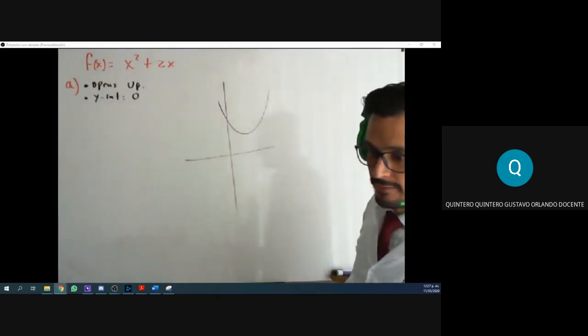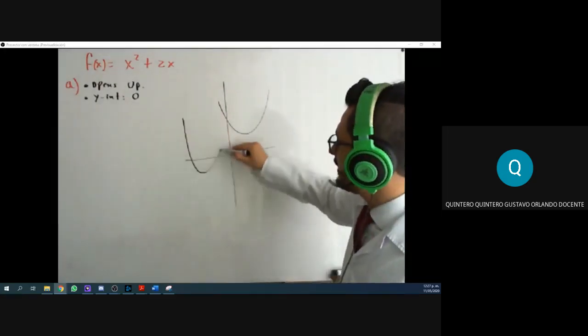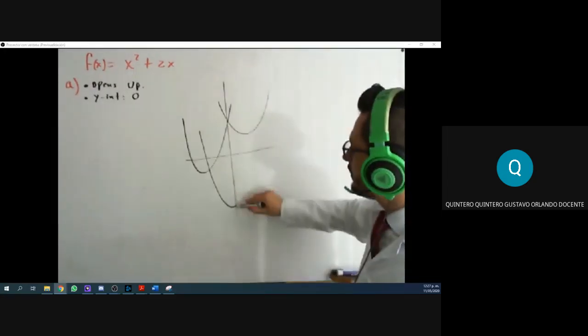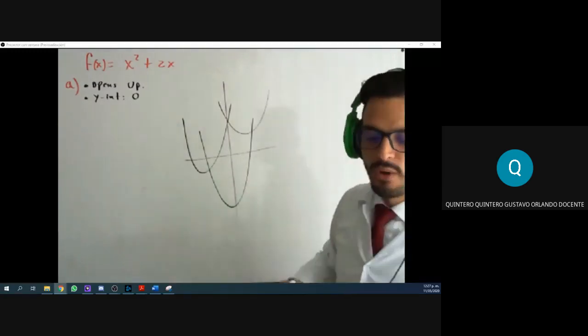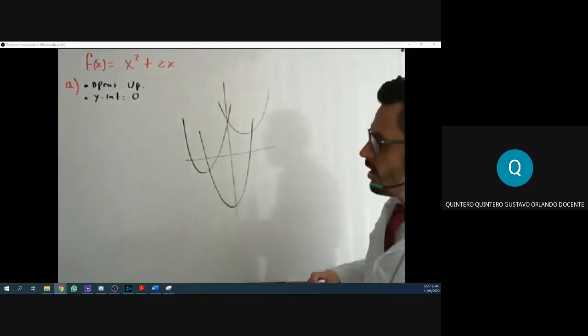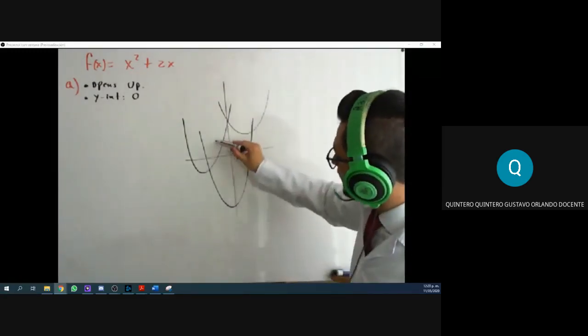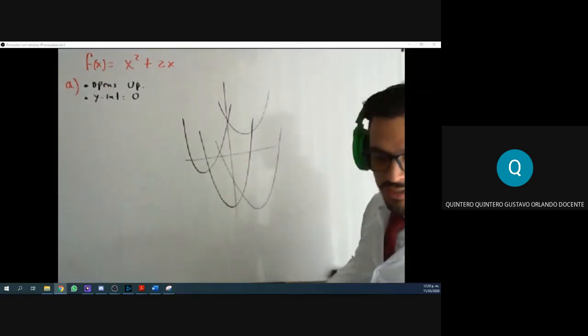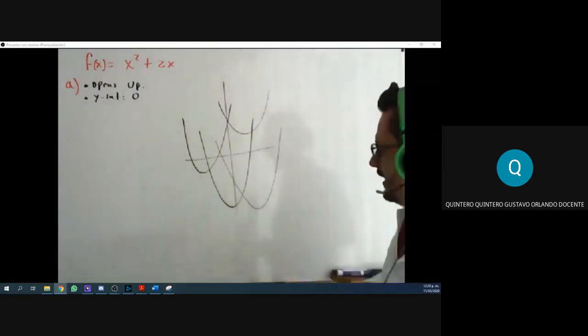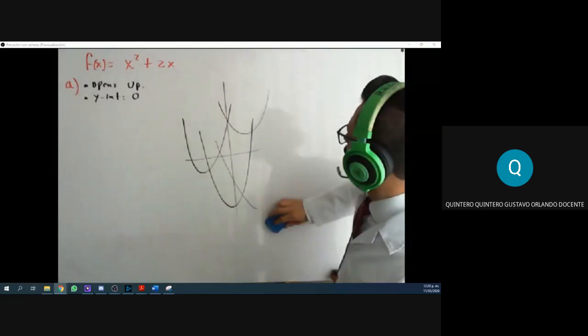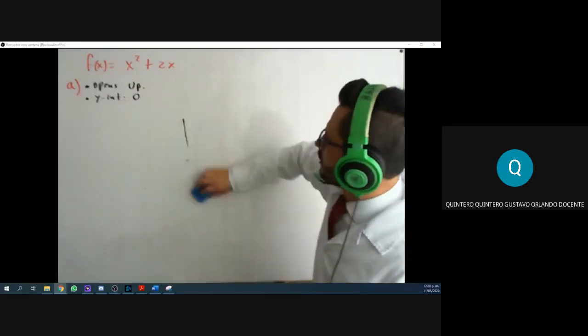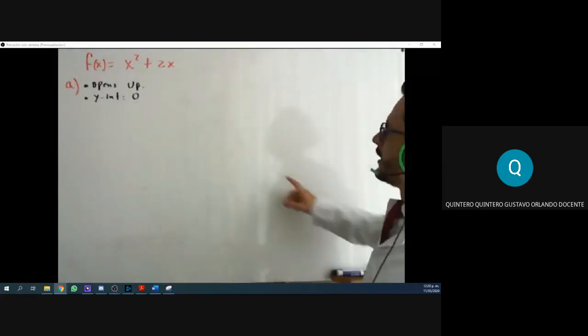These are bad possibilities, because we know the y-intercept of our function is at the point 0.